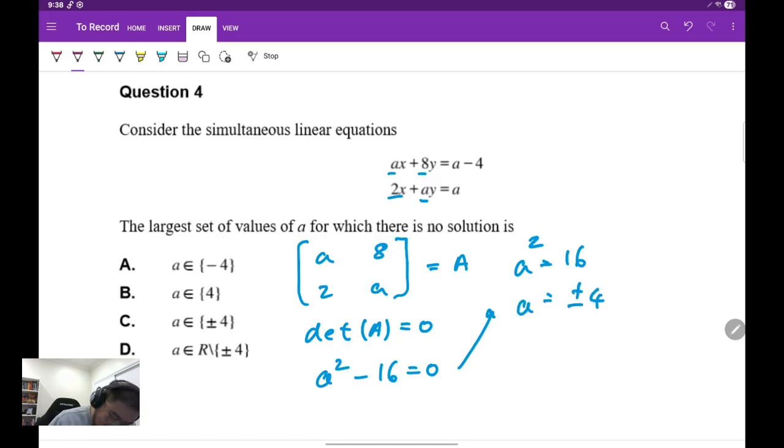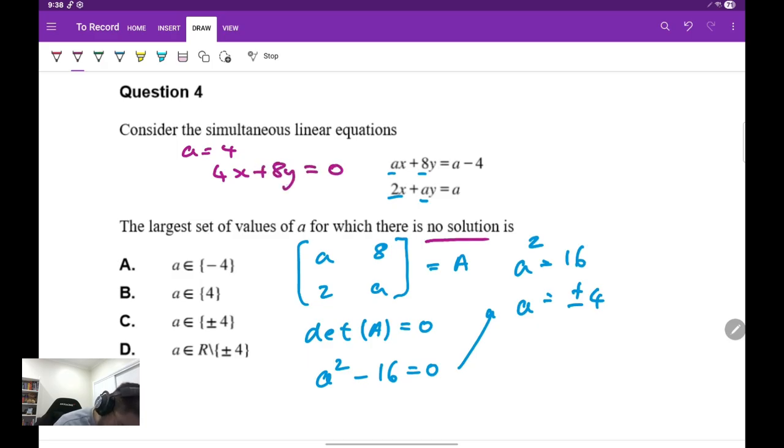Now in this case, we've got to be careful because we're asking for no solutions. So we're asking for two completely different equations that when we substitute the values in, we get no solution. They give two completely different lines. So let's test them out. When we substitute a is equal to 4 into the equation, we get 4x plus 8y is equal to 0.